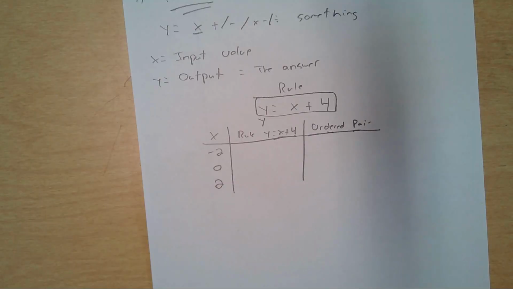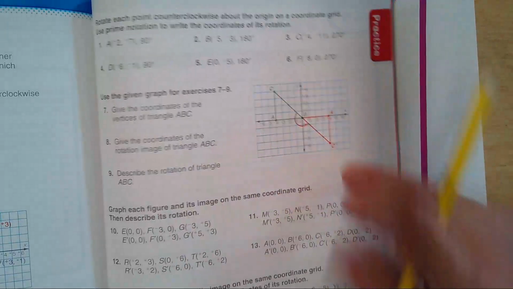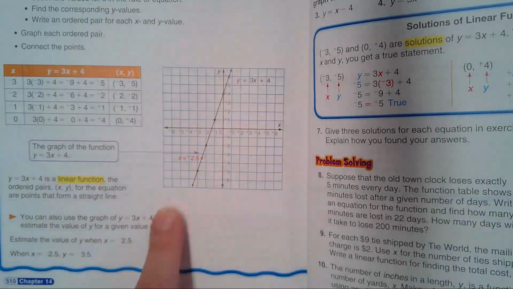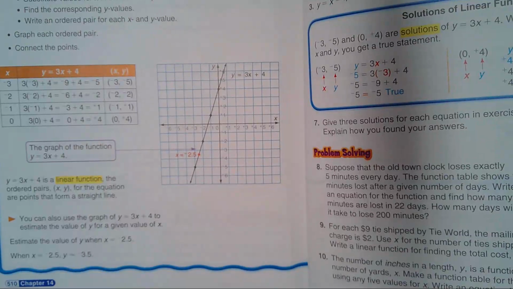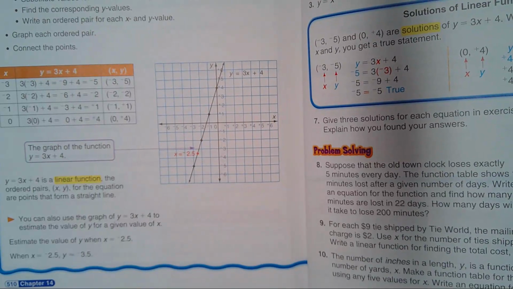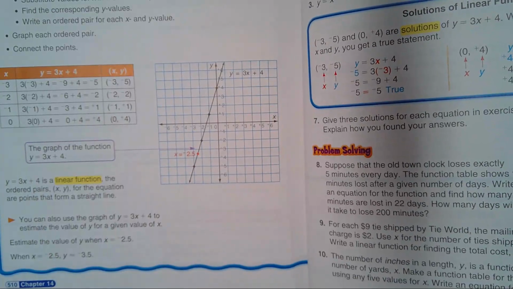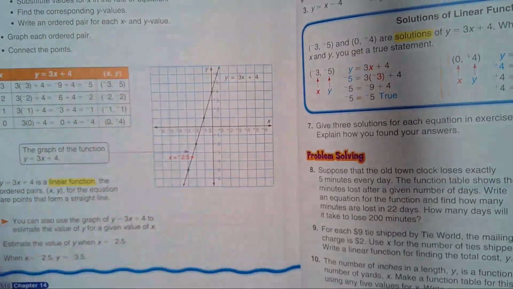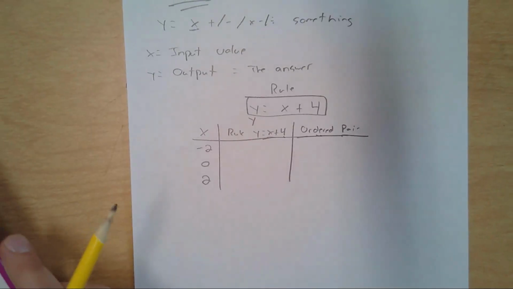But a linear function, when you plot the solution, such as this here, you will get a straight line all the time. When you're doing linear functions and plot your points there and connect them together, you'll always form a straight line. Quadratic functions bend and curve around here. So linear functions is what we're really going to be talking about here.